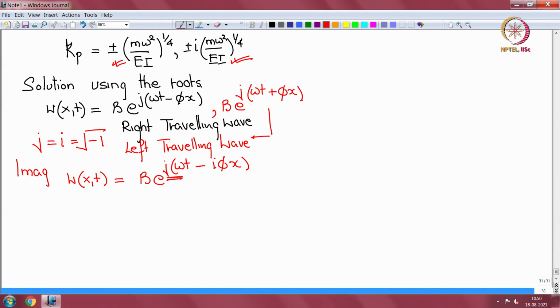So, now this j square or i square here is minus 1. So, this becomes a plus. So, what happens is this becomes b, I will separate it out, so this would be e to the power of phi x. What this means is this is a decaying wave in the negative x direction.